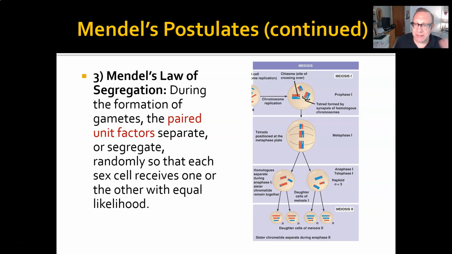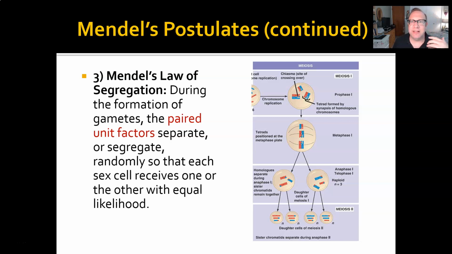His third postulate. Now these get a little more difficult to understand, but I think with visuals it's a little easier. The third postulate is Mendel's law of segregation. During the formation, and this is not about segregation like in the South during the Jim Crow era, up through the 1960s.